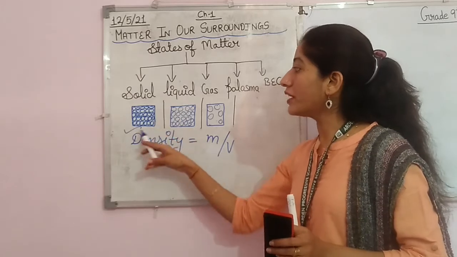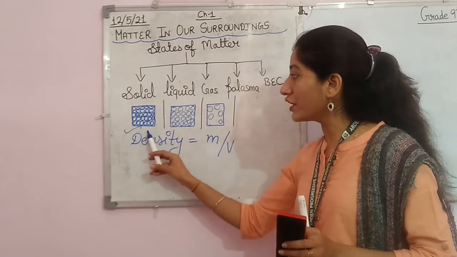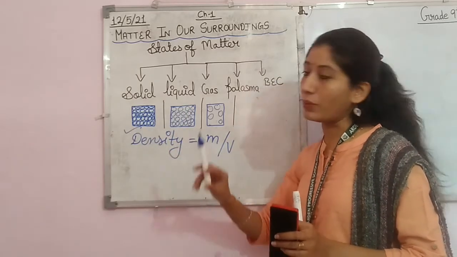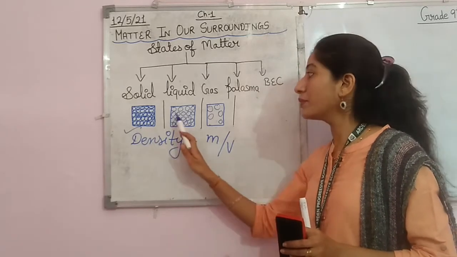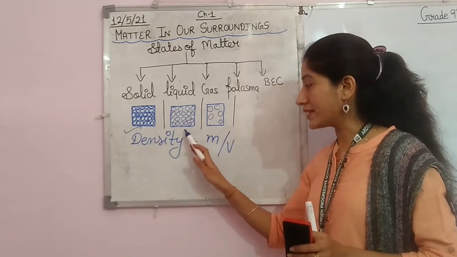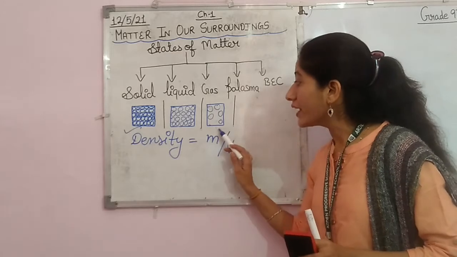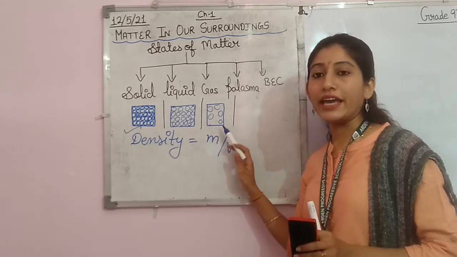Here you can count the number of particles. You will find absolutely more as compared to liquid. Liquids are a little less dense as compared to solids because here we can say space is there, and the least dense then is gas.